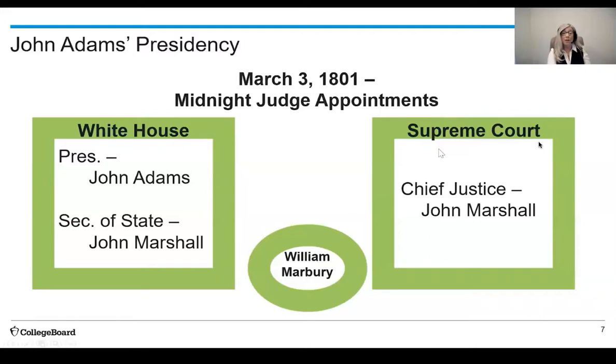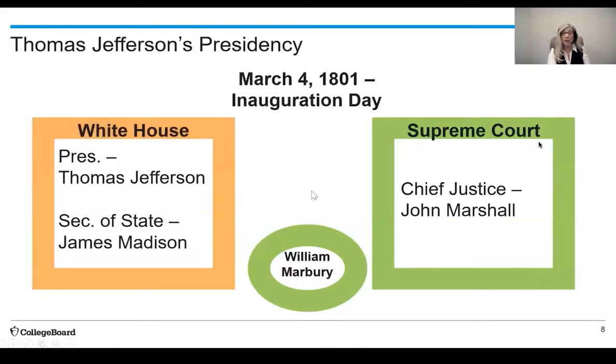If we look at the breakdown here, this is when John Adams is still president, and I've color-coded this by party. The green here is representing the Federalist Party. Adams is the president, John Marshall is Secretary of State and Chief Justice, and then William Marbury. They're all Federalist. As soon as Thomas Jefferson comes into office, we've got the Democratic Republicans in the White House.